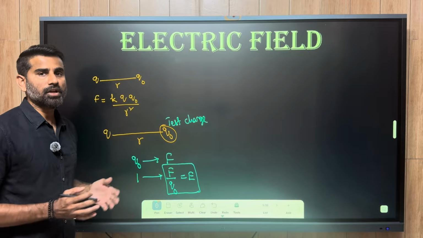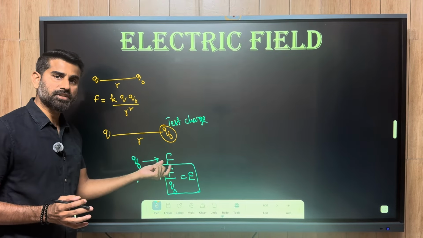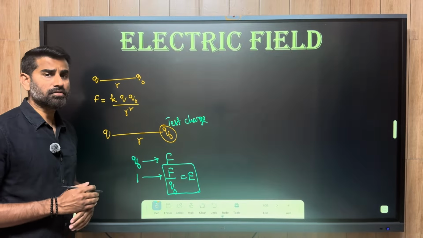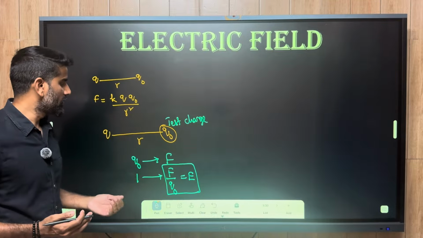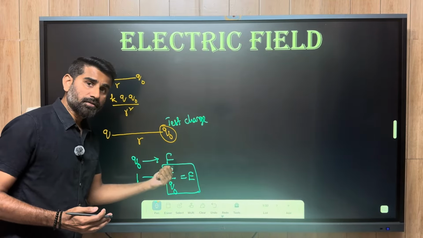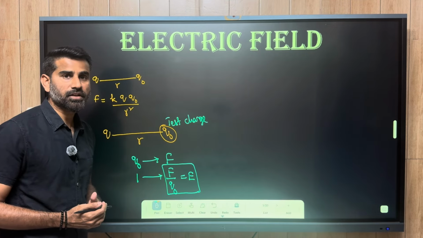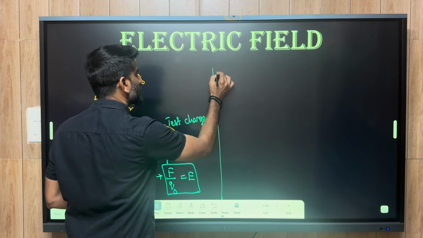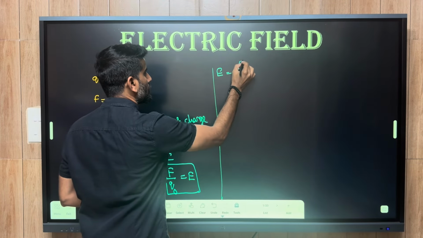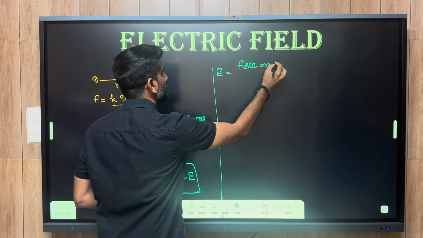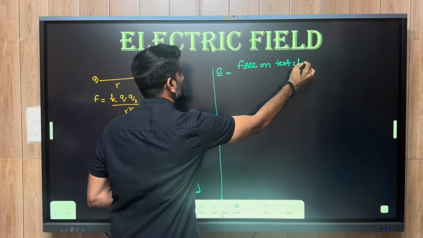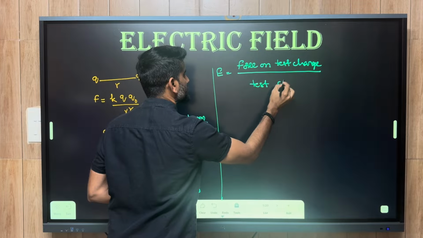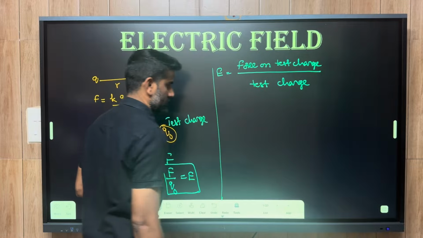In some books, the electric field is defined as the force acting on a unit test charge, or the definition can also be given as the force acting per unit test charge. So I am writing this equation again as E is equal to the force on the test charge by the charge of the test charge.